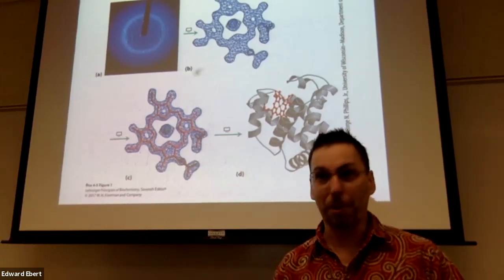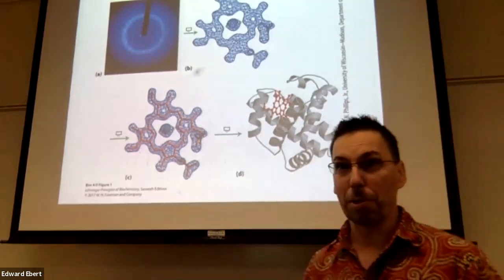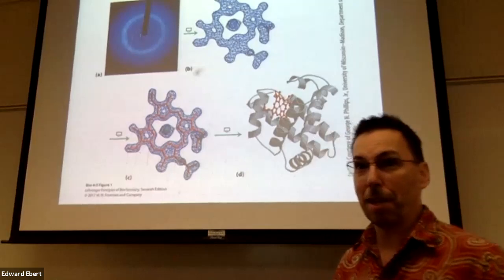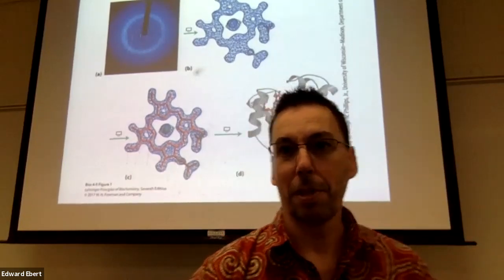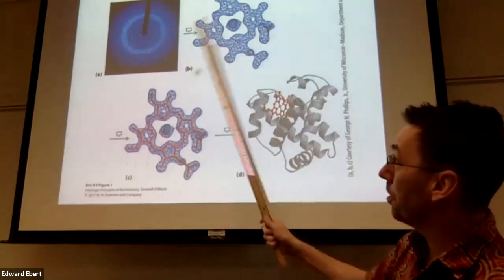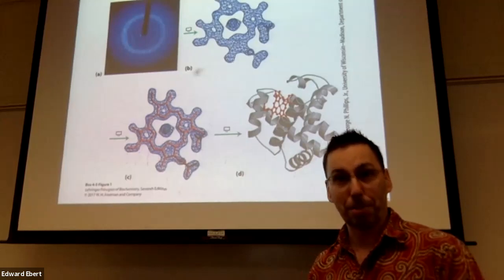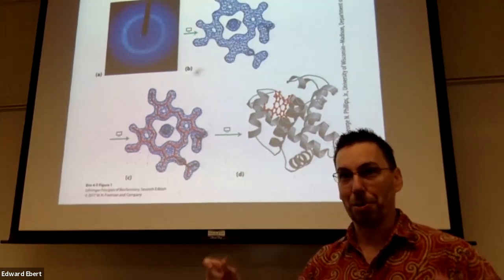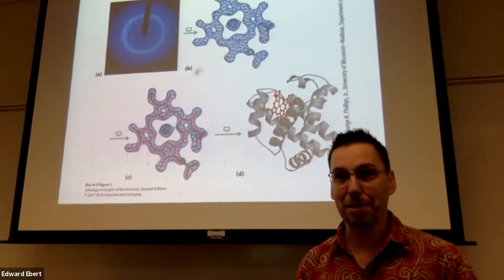But for X-ray crystallography, this diffraction pattern will give you all the information. And again, the advantage is you can do massive molecules in here. There's no size limit. As opposed to NMR, the more molecules you have, the more complex that spectra gets, and the harder it is to assign peaks.